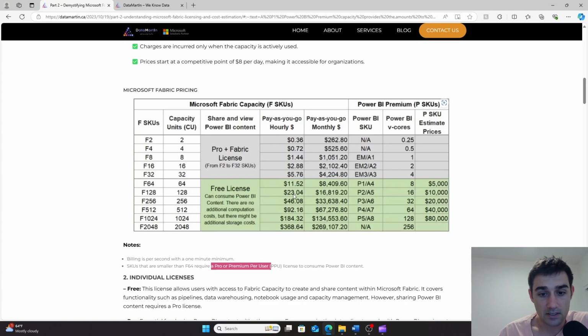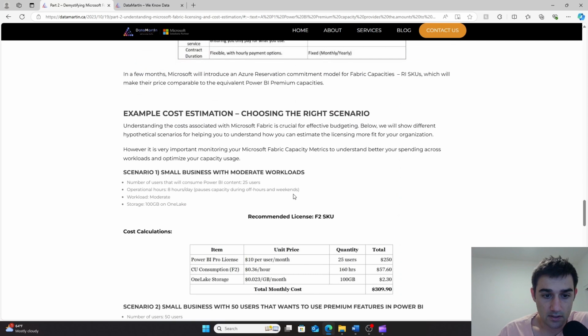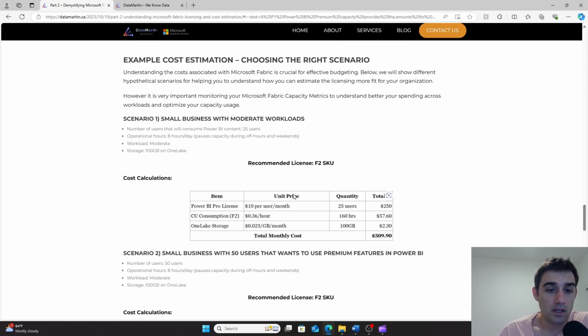And then they've put down some scenarios. So if you're a small business that will consume Power BI content with 25 users, and you're only using your Fabric capacity 8 hours a day, pausing it during off hours and weekends, and you're storing 100 gigabytes, you're going to have to pay for the Power BI Pro licenses, $250 a month.